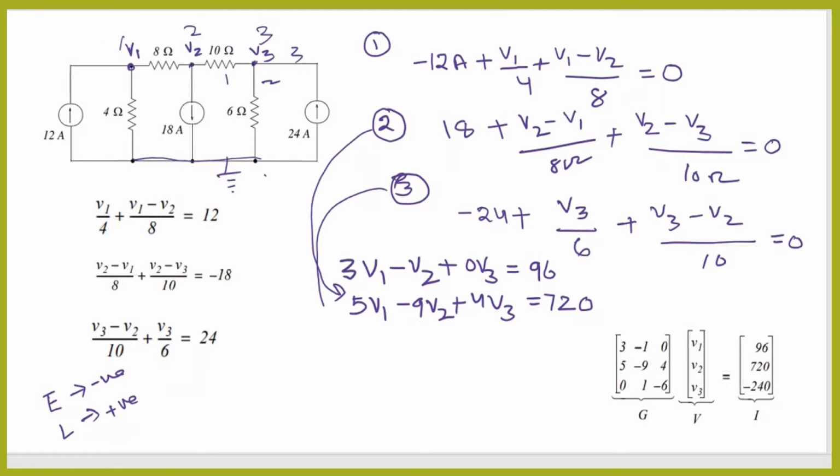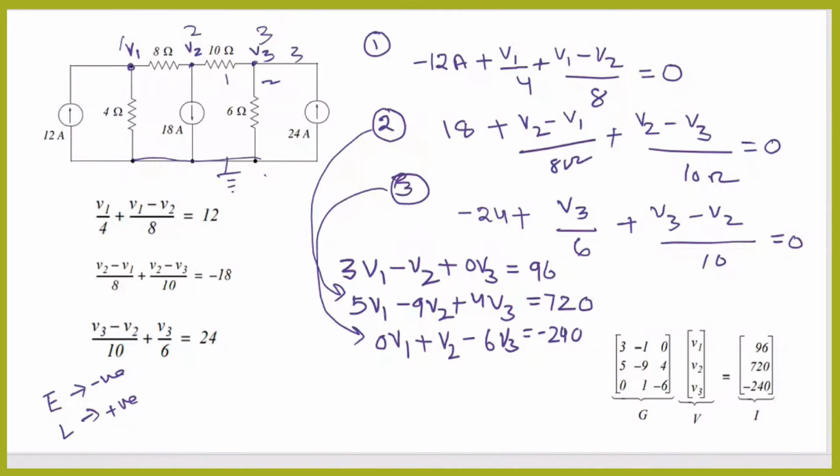Similarly, after simplifying the third equation, you are going to get, there is no V1 term, so write 0 V1 plus V2 minus 6V3 is equal to minus 240. So these are the equations which we got.